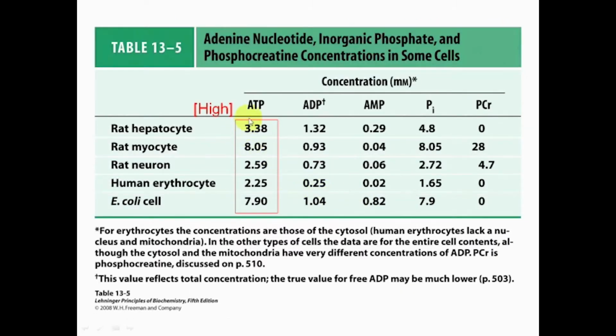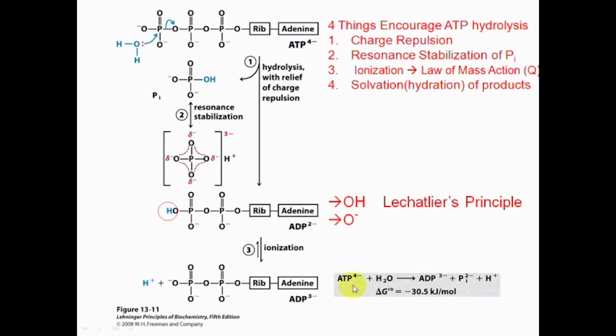This table is showing that the ATP concentration is kept quite high in relationship to everything else. And that is so that the body has a continual high concentration of ATP so that it can continually proceed to the right.